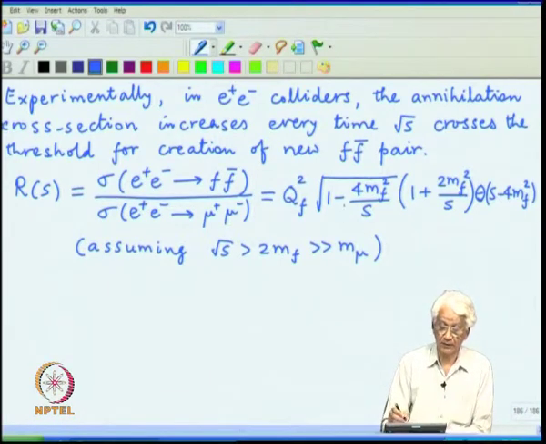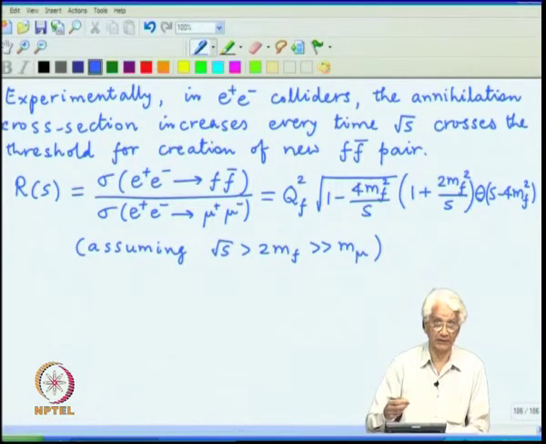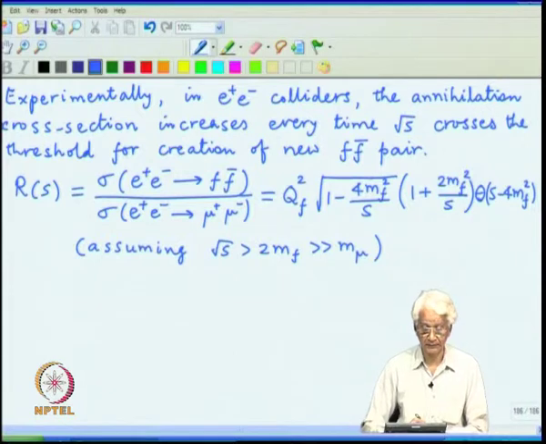And the square root rise is a kind of characteristic signature which shows that that kind of increase in the cross section is a signature that the new particle is going to be created, and then one can go and look for the specific properties of that particular particle.